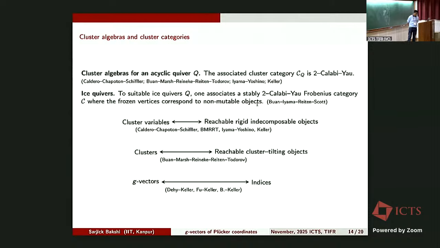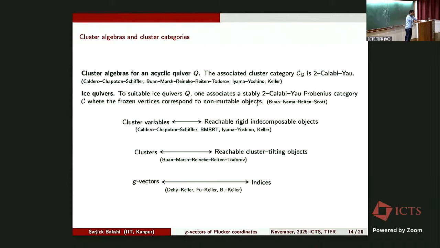So once there is an acyclic quiver, for type A_n, cluster categories were defined by Caldero, Chapoton, and Schiffler, and then Buan, Marsh, Reineke, Reiten, Todorov defined it for any acyclic quiver. It is defined as the bounded derived category of the module category of the algebra modulo tau inverse sigma.